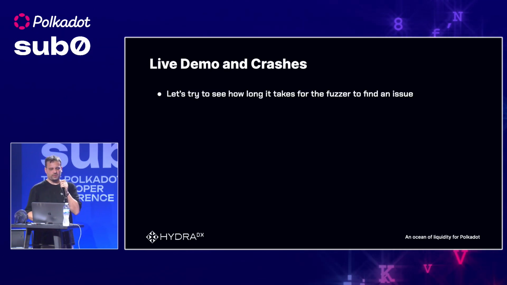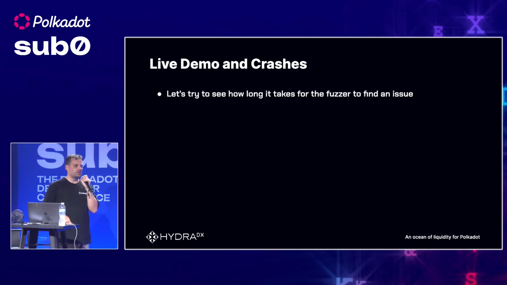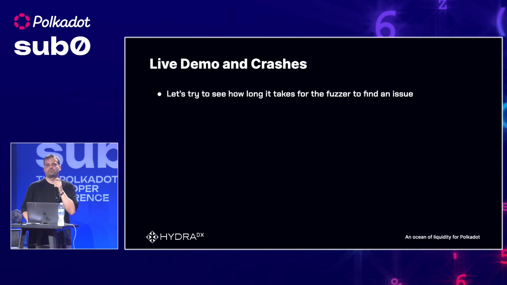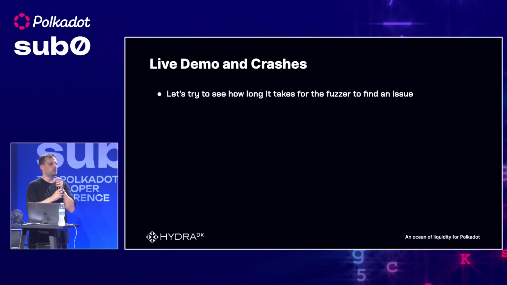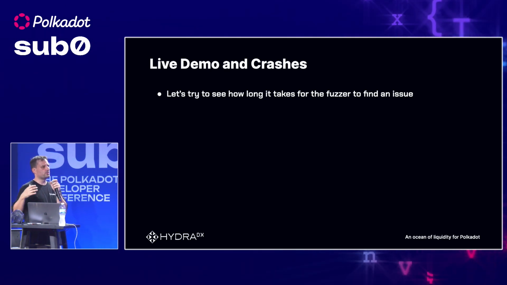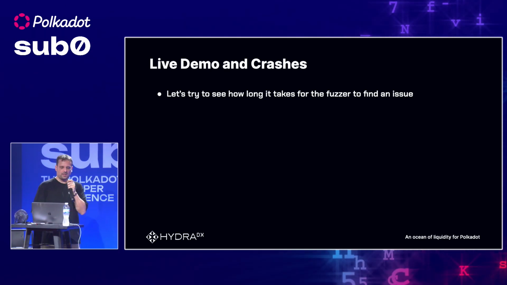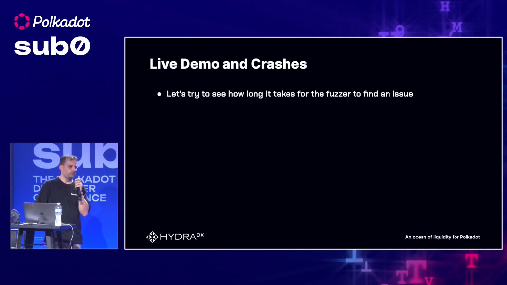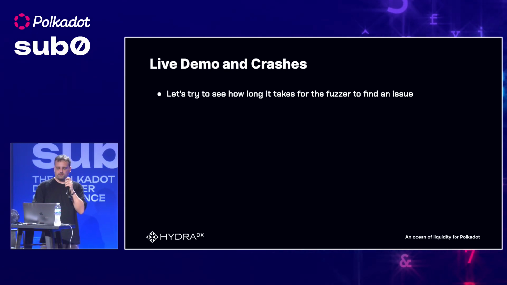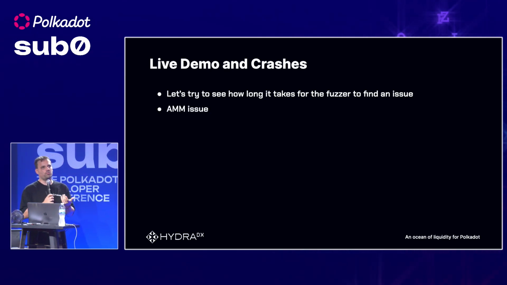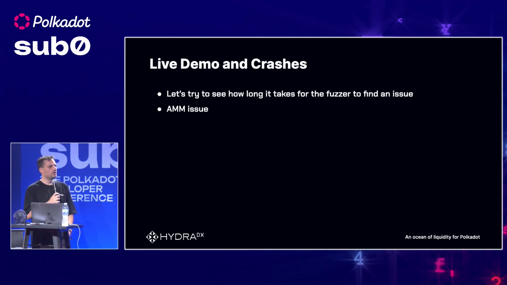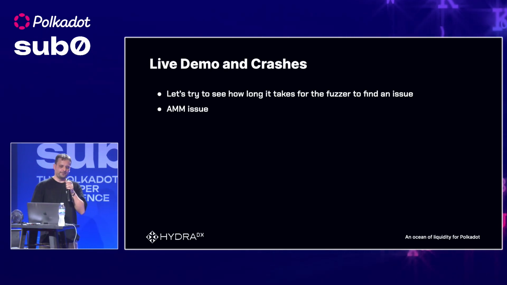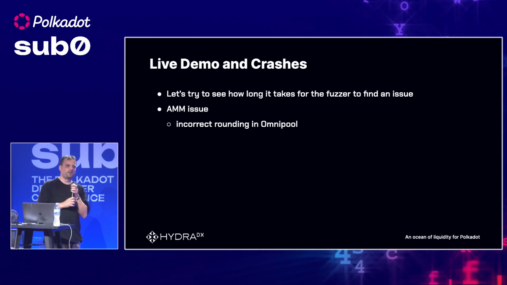So what kind of issue will we be trying to find? In AMMs, there is always a lot of math involved, right? There are various formulas, calculations, and there are also a lot of mistakes that people can make. One of the most common mistakes, which was exploited a lot in the past, is the rounding issue, right?